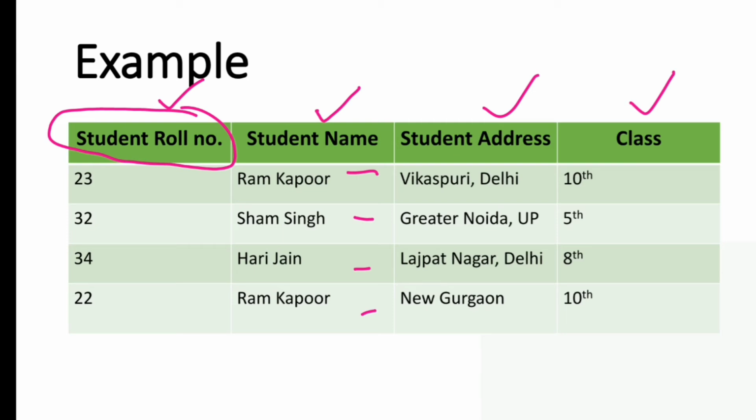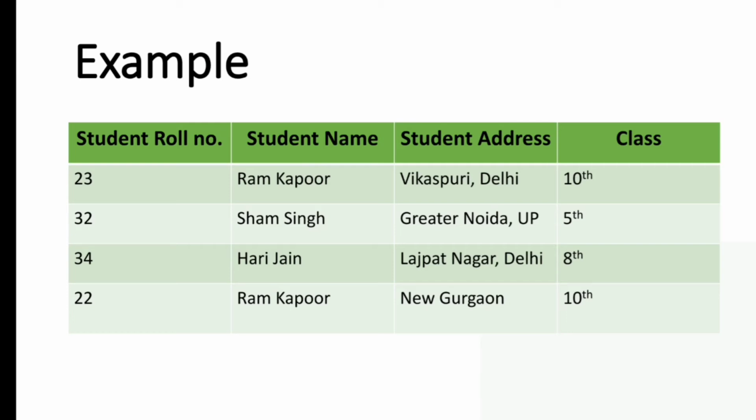But what about the candidate keys? Can student name be a candidate key? Can it be a candidate key? No. Why? Because candidate key must be a set of attributes. Alright. Now let's see which set of attributes can form a candidate key over here.